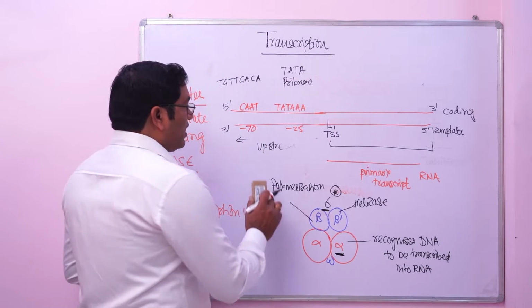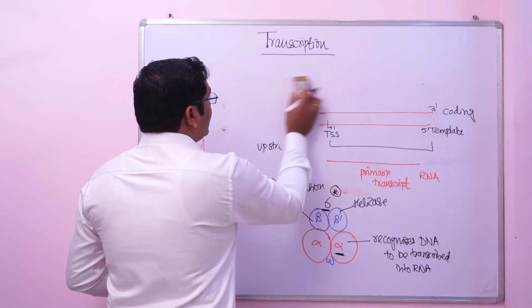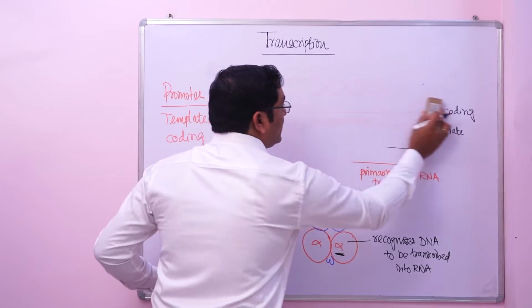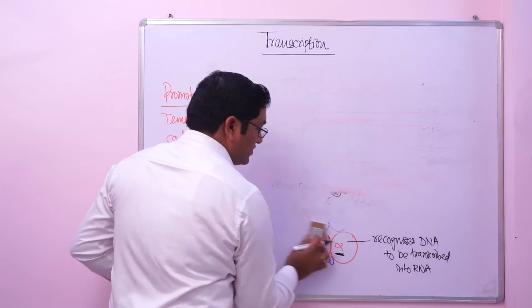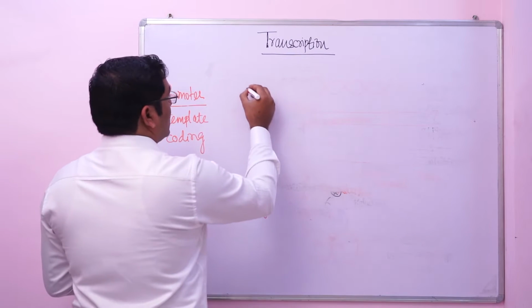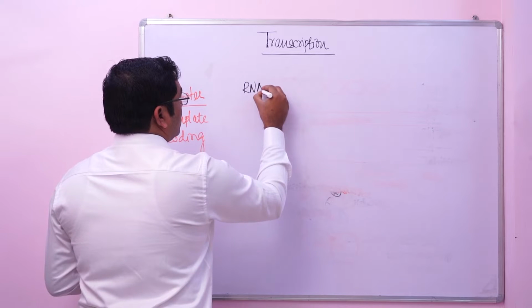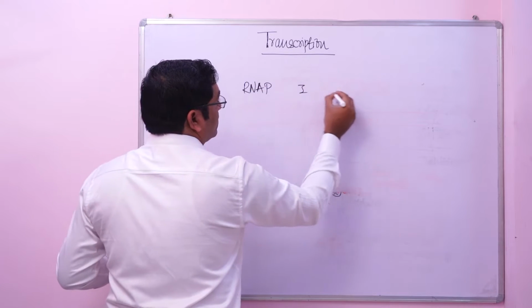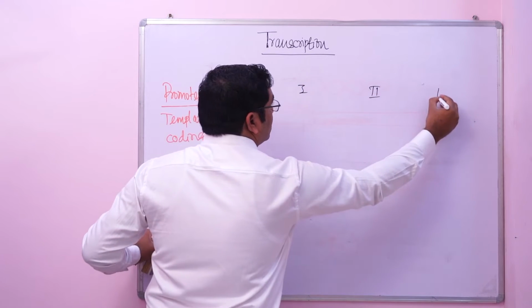Now eukaryotic RNA polymerase is of three types. There are three types of eukaryotic RNA polymerase, that is RNA polymerase 1, 2 and 3.